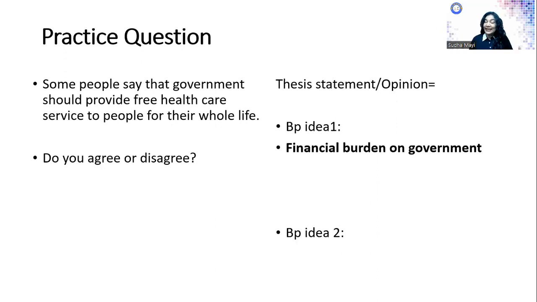Because there are many areas that government has to look into. One, infrastructure. It also has to look into education, social welfare, and also medical and healthcare. So many departments it has to look into. Only spending on one particular domain or department is highly impossible for the government, right? And it will be a financial strain on the government.